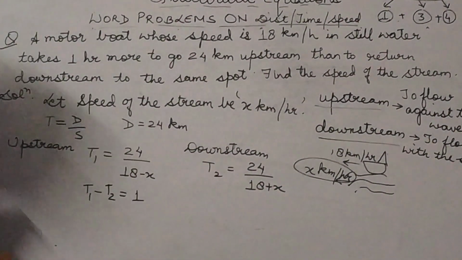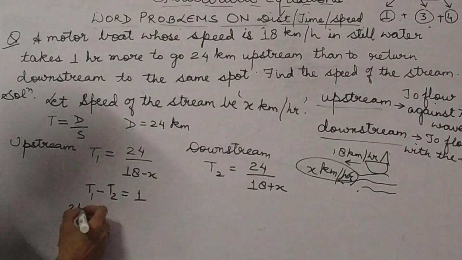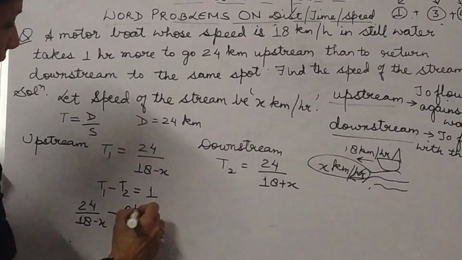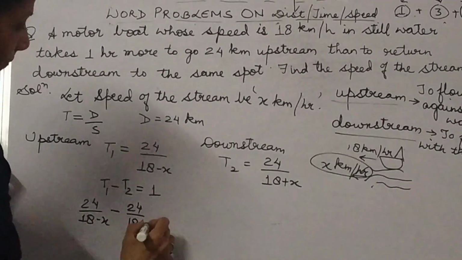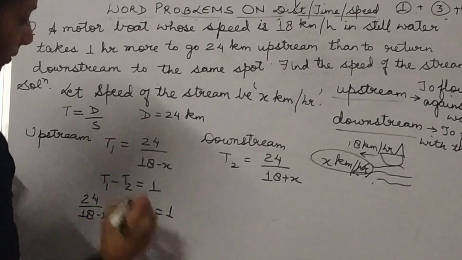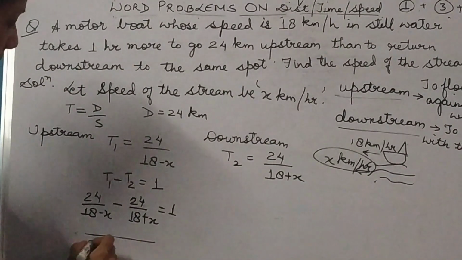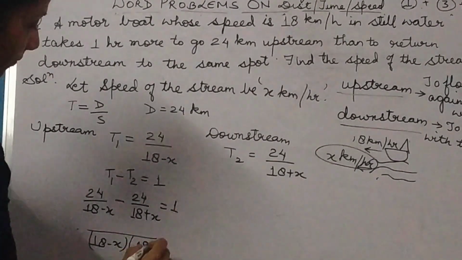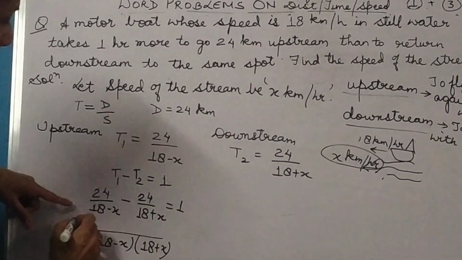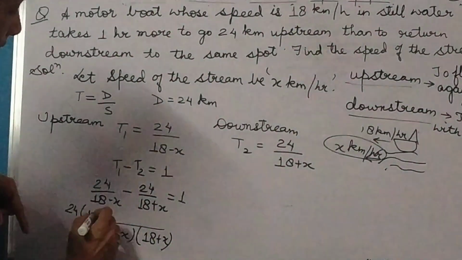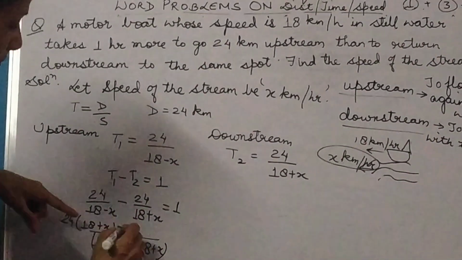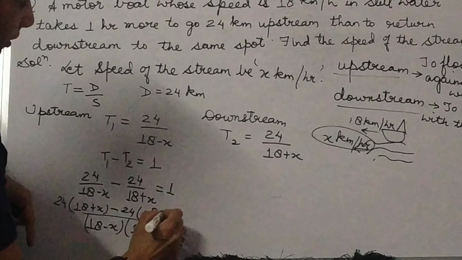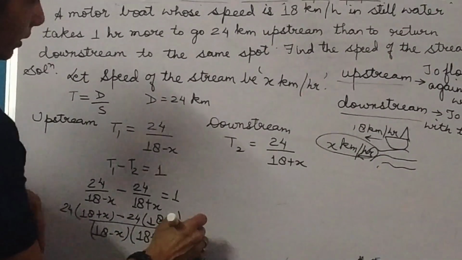Writing the values for T1 and T2, I will get this. Now take the LCM and cross multiply it.